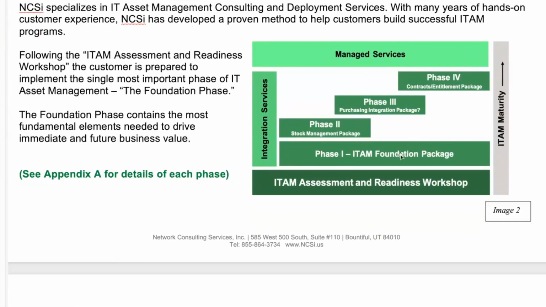Before we can move on to more advanced topics, every one of our customers needs to make sure that they've got this foundational data in place. So today, we're going to drill into what are those foundational data elements that you need to prepare for in your environment to be able to roll out an effective asset management system.